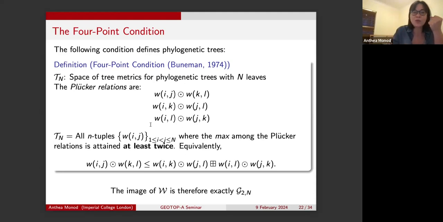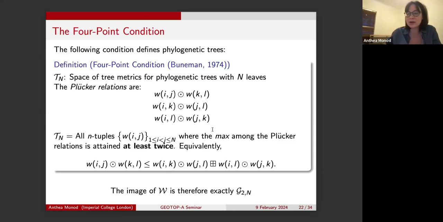What the 4-point condition tells you is that you have these Plücker relations, which are basically the distances between your leaves. And if the max of all of these is achieved at least twice, then you have a tree. So this 4-point condition is very tropical. The condition to be a tree corresponds to being a tropical hypersurface.